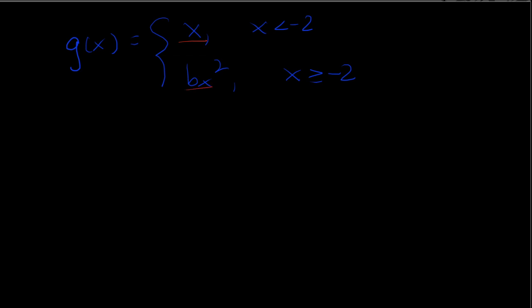So at negative 2, you want to think of it as connecting these two functions at x equals negative 2. In order to connect these, to make it continuous, you want the limits to be equal at negative 2. So we're going to be looking at negative 2 to the left and negative 2 to the right.